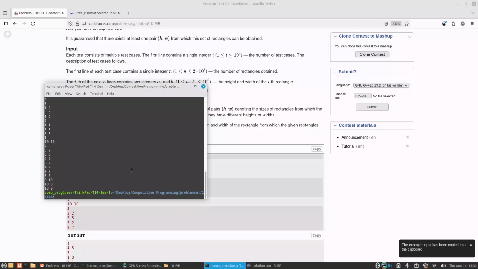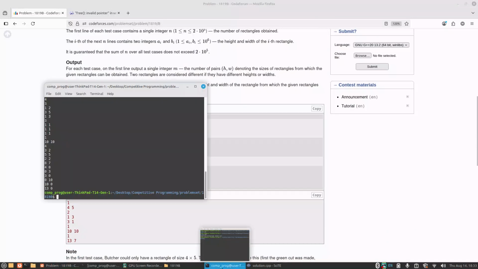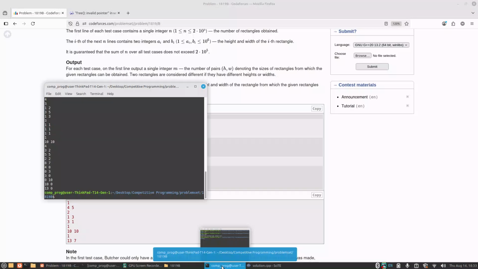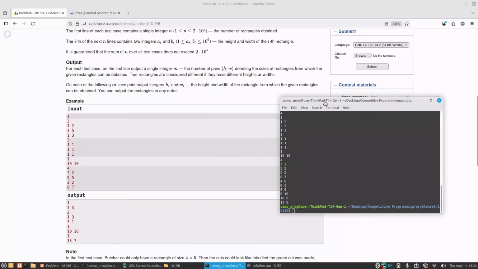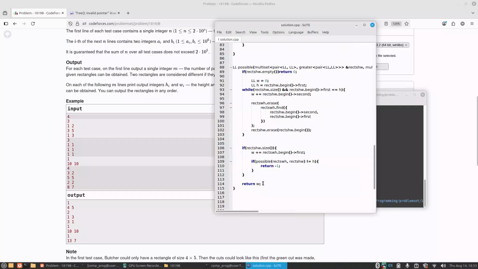What is this arcane output it's giving me?